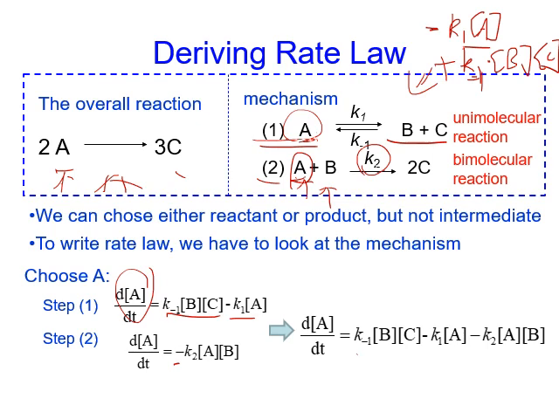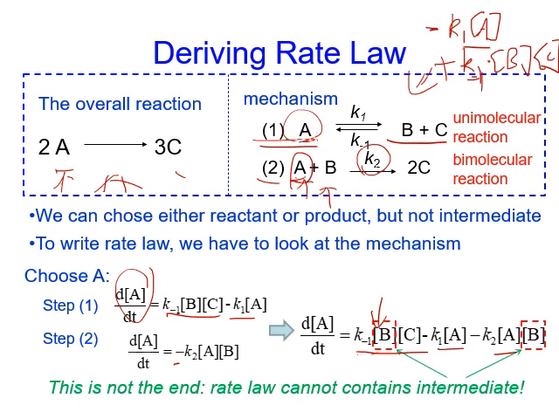The first step reverse reaction is the only step that forms A. The first step forward reaction consumes A, and the second step consumes A. Now is this the end? The answer is no, because in this equation you have intermediate. B is the intermediate. The overall rate law cannot have this, and that's why we need to use the steady state approximation. We'll see in the next slide.